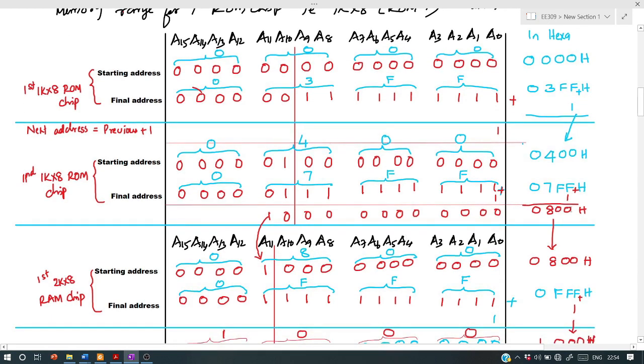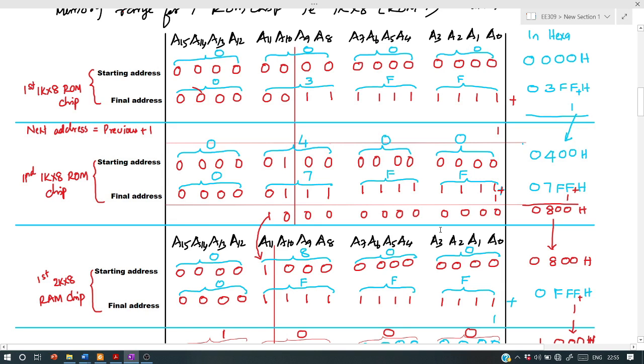So when we add 1 to 07FFH, the next location address is obtained as 0800H. The same can be inferred when we add 1 to this binary address, that is the final address of the second 1K into 8 ROM chip.